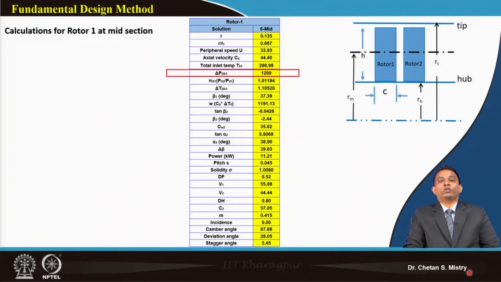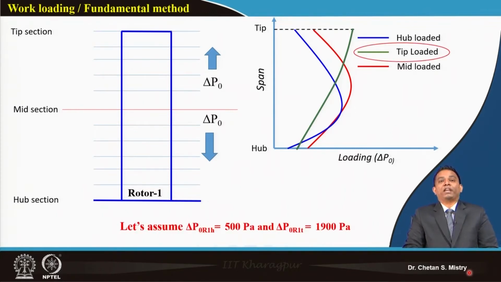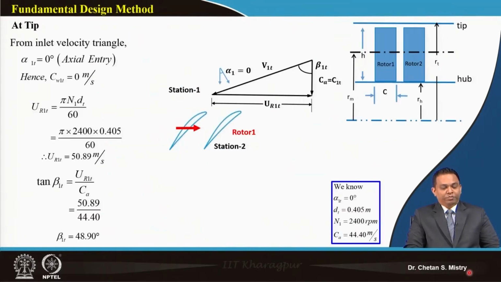Then we did the calculation at the hub station, where we expected our total pressure rise to be 500 Pascal. Today we will move with the design at the tip station, where we are expecting our total pressure rise to be 1900 Pascal. So let's move on.